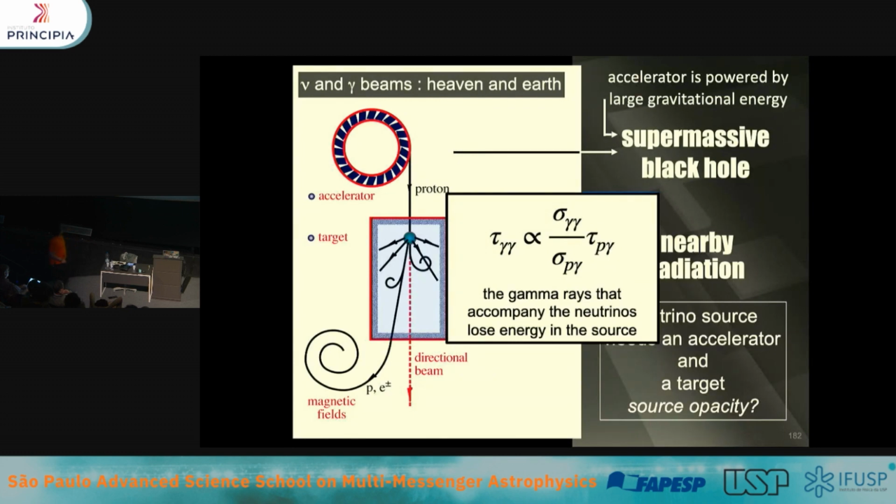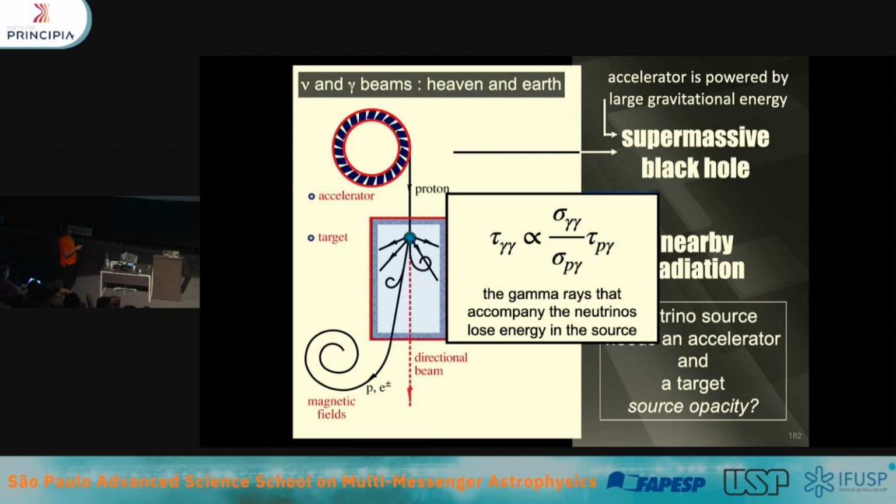Well, think about the relative opacities between proton-photon interactions and photon-photon interactions. The transparency, how far a proton can go in a gamma ray bath, can be related to how far a gamma ray can go in the same bath by the ratio of the relative cross-sections, p-gamma and gamma-gamma.